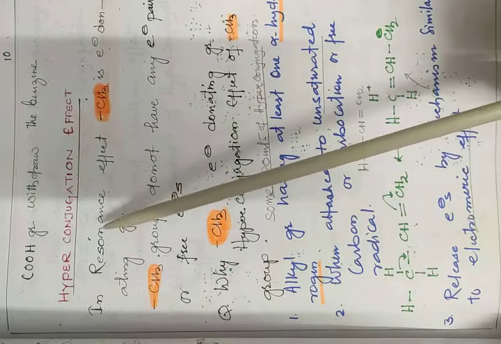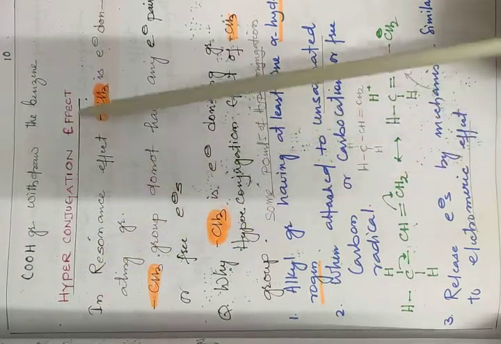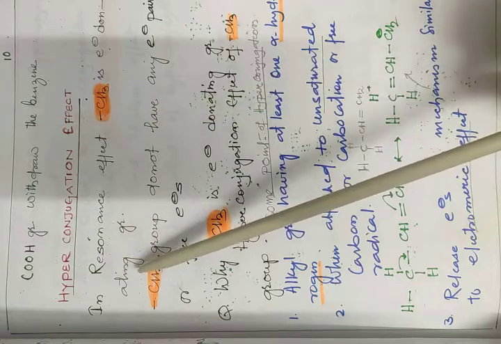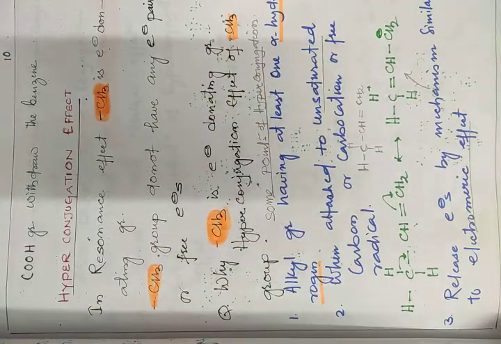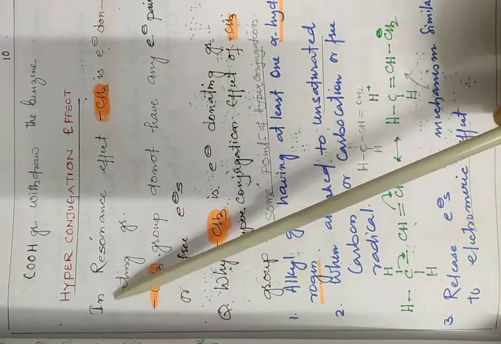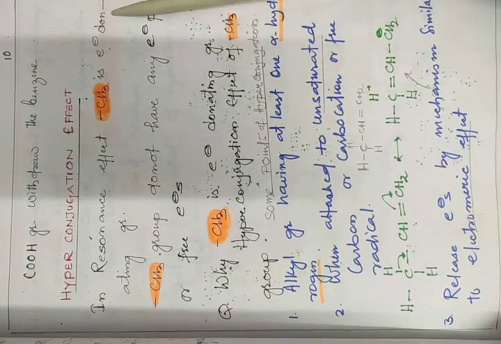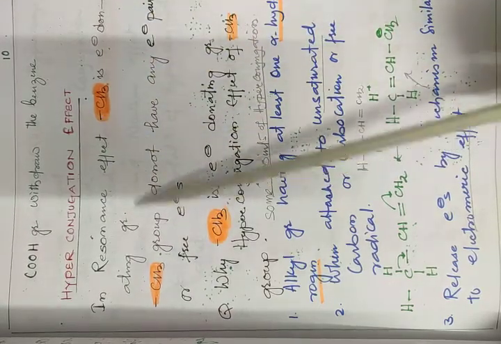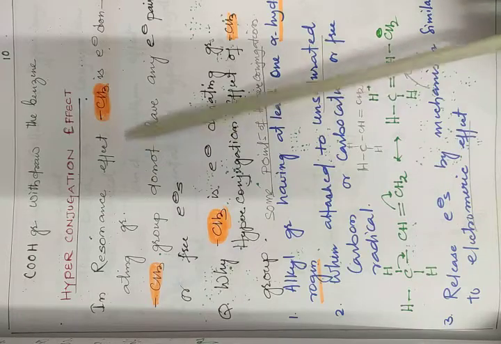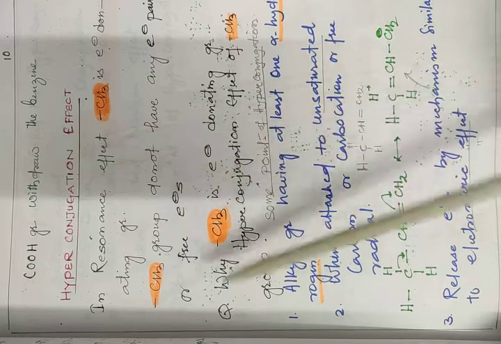Now the third one is the hyperconjugation effect. In hyperconjugation, in short, we just know that it has no bond only. Now in the resonance effect, CH3 is an electron donating group.